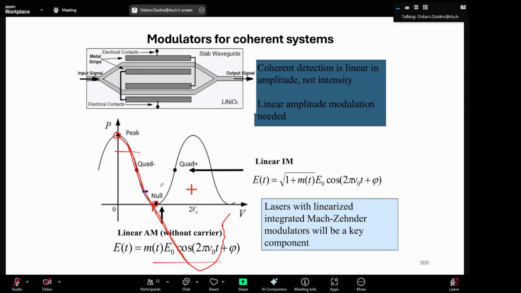And that leads to more insertion loss inherently in coherent optical transmitters. Right. For coherent optical communications, Mach-Zehnder modulators integrated with lasers are a key component. That's a fact.